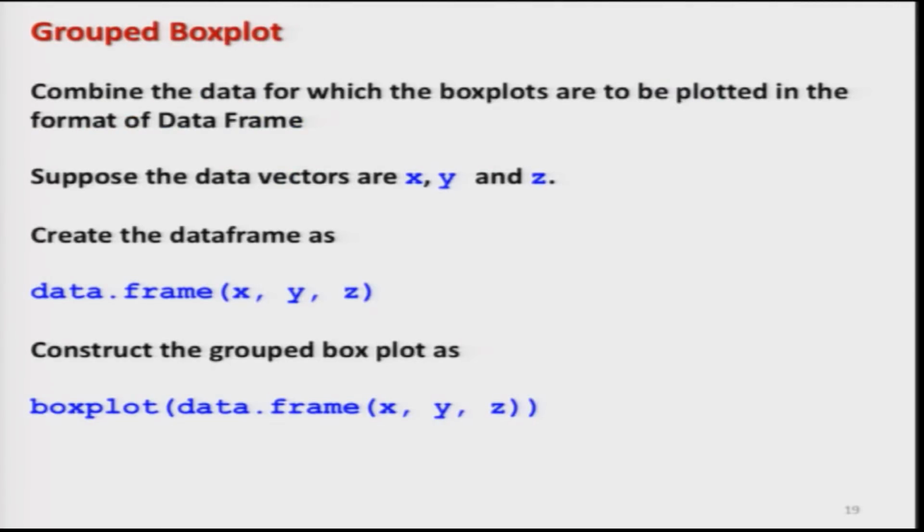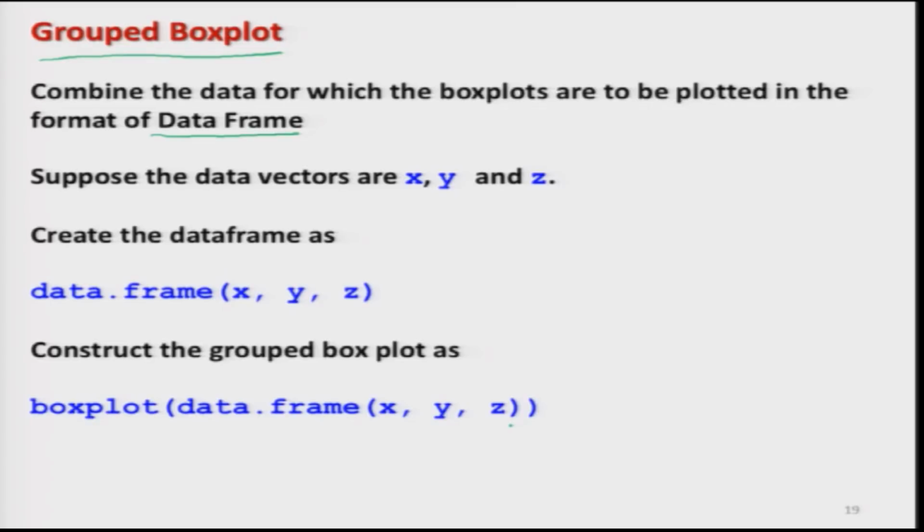To demonstrate, we have a graphic which is called a grouped box plot. This graphic will combine different data sets and create box plots in the format of a box plot using the data in the format that is called a data frame. What is this data frame and why is it needed?